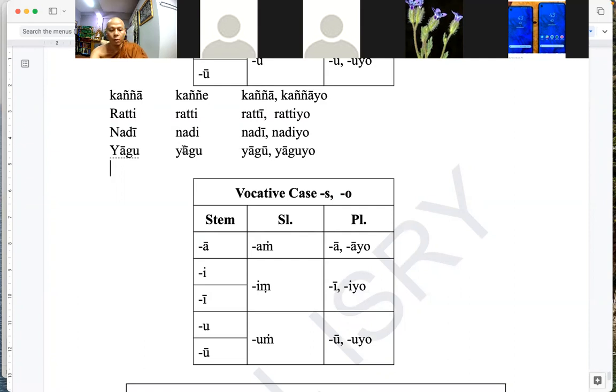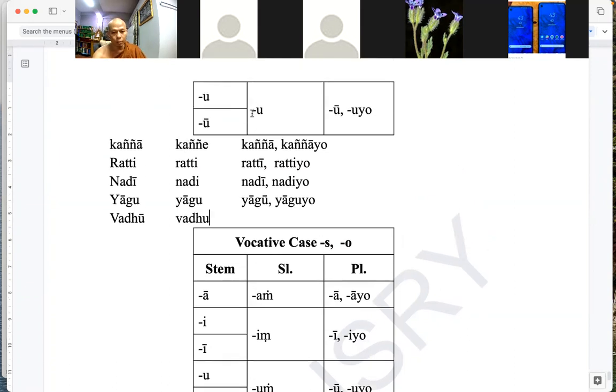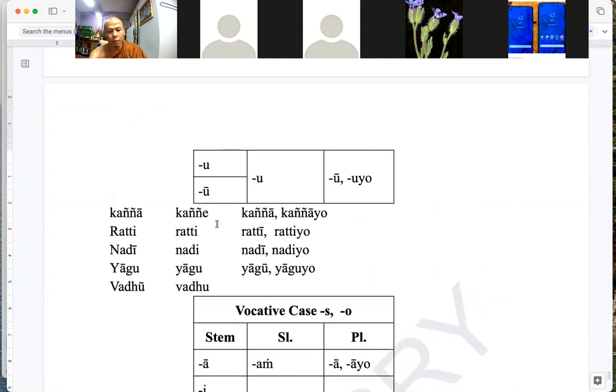For wadu, the singular form is not the same as the nominative. So long becomes short. That is wadu. Only here the long becomes short. But for plural, the same as the nominative case.